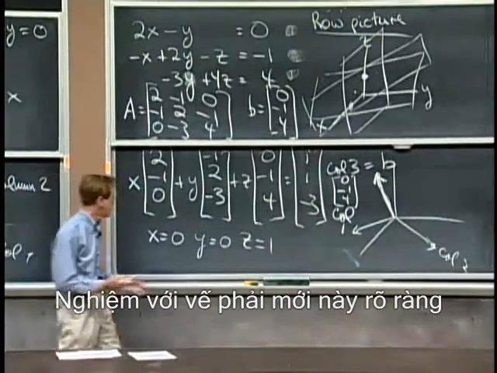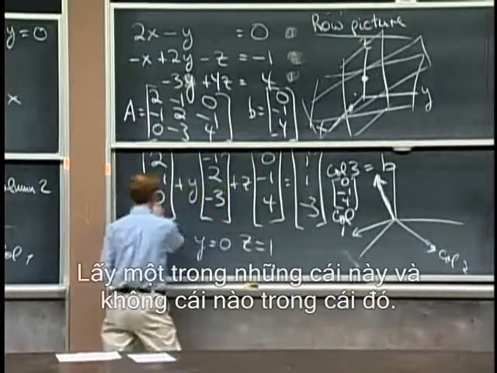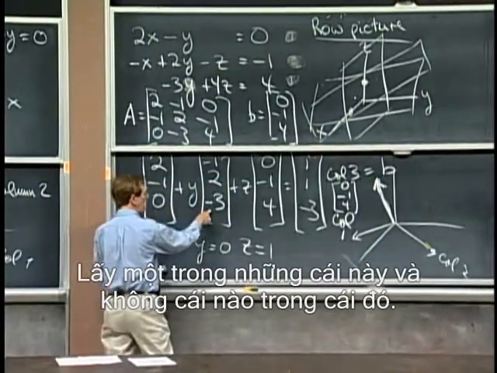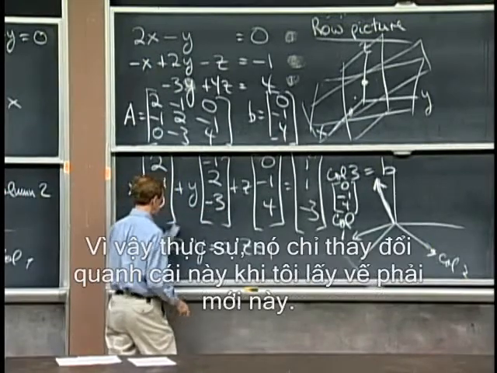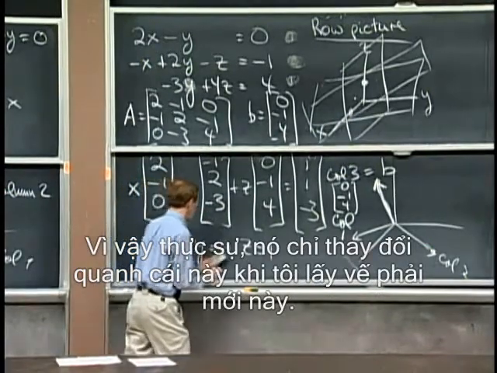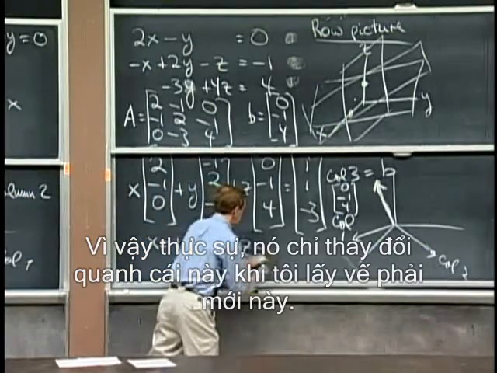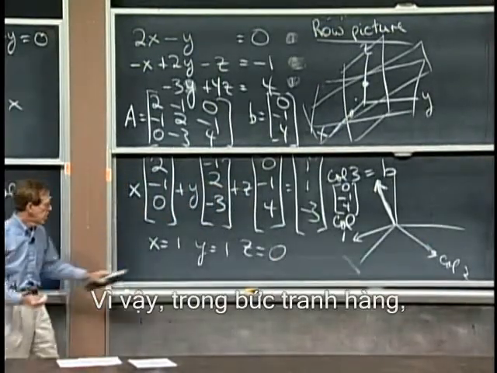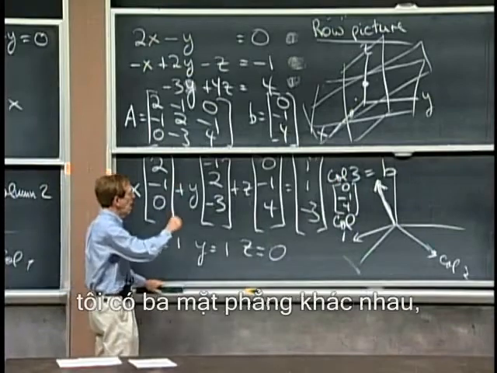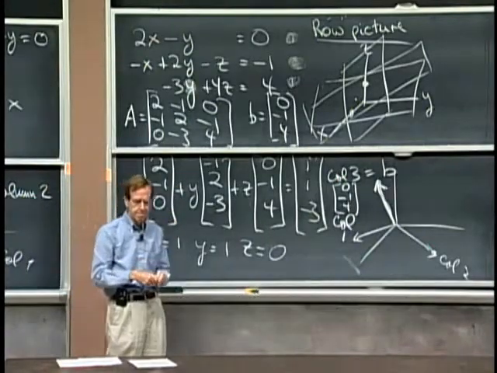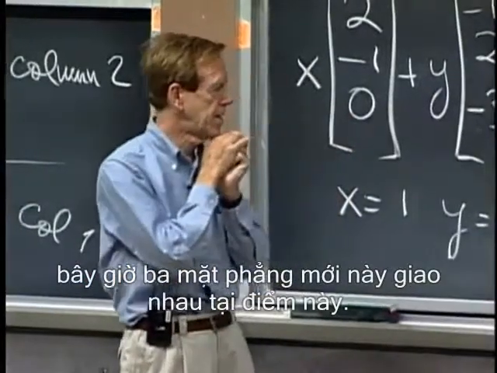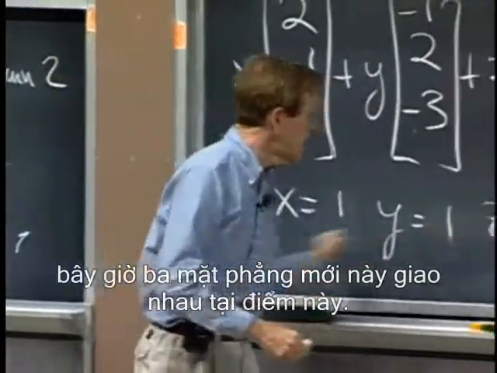Now, what's the solution with this new right-hand side? The solution with this new right-hand side is clear. Now I took one of these, and none of those. So actually it just changed around to this when I took this new right-hand side. Okay. So in the row picture, I have 3 different planes, three new planes meeting now at this point.